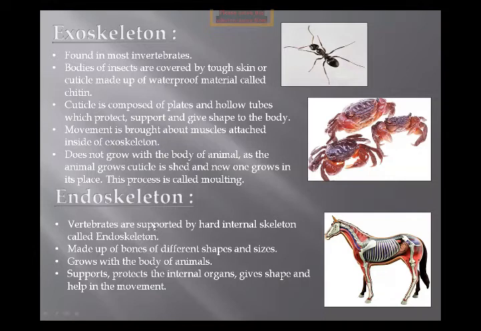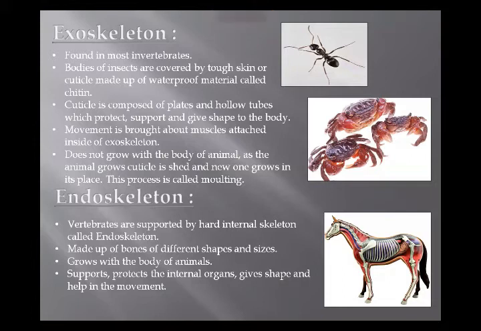This endoskeleton supports the body, it protects the internal organs, it gives shape to our body or the body of animals, and it helps in locomotion or movement. Locomotion means moving from one place to another place, and movement means when we move our hand right and left, or if we move our head left and right.